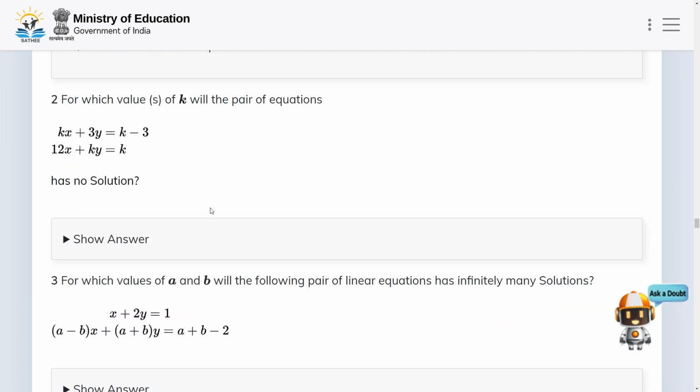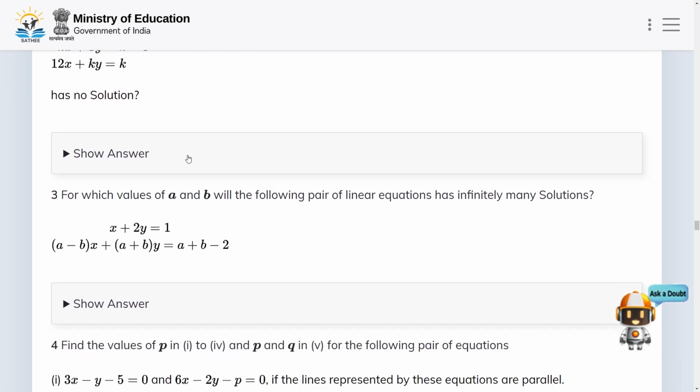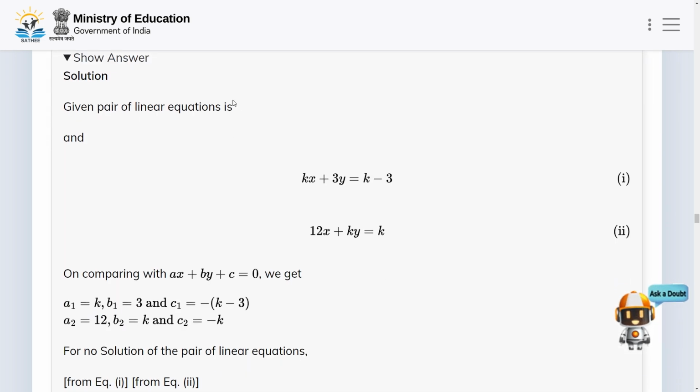So in next question here we have to find the value of k for which the pair of equations kx plus 3y is equal to k minus 3 and 12x plus ky is equal to k has no solution. Okay, so let us solve it. So given pair of linear equations is kx plus 3y is equal to k minus 3, okay, and 12x plus ky is equal to k.